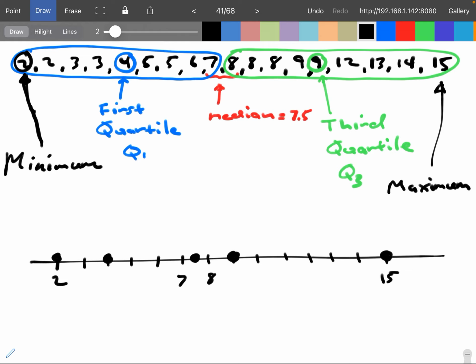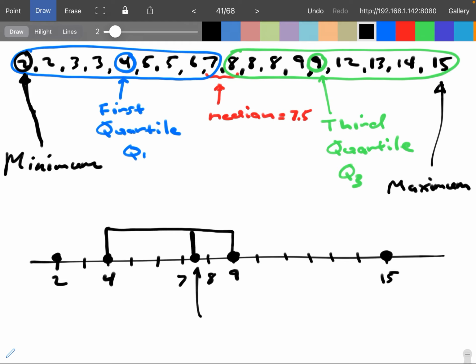And then, I guess I could label a couple more of these. So let's see, the first quartile, that was 4, right? And the third quartile was the 9. So then what you do is at the first quartile and the third quartile, you make a little rectangle like this. And then you draw a vertical bar in there at your median in the middle right there at 7.5.